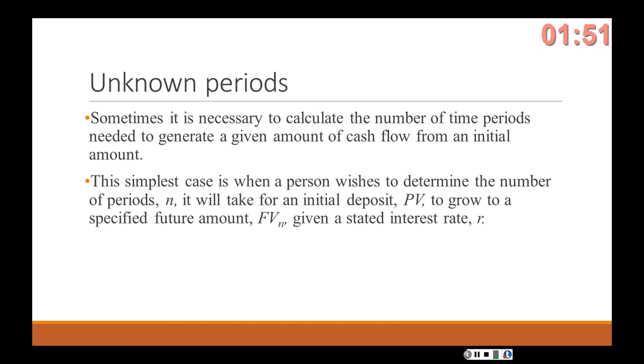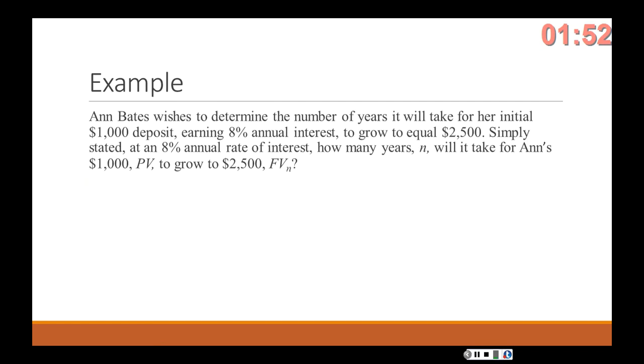So we already solved for N when we were talking about time to double. But sometimes we are interested in solving for the number of time periods it takes for a cash flow to grow to a certain amount. So Ann wants to determine the number of years it will take for her initial $1,000 deposit to grow to $2,500.